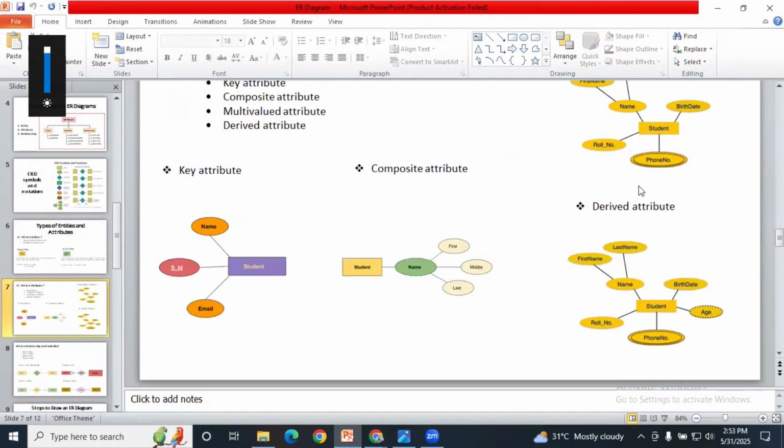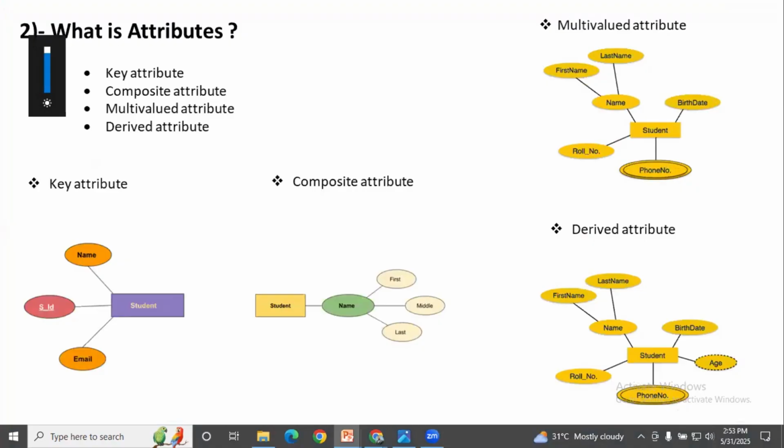The reason for that is, according to that scenario, they didn't mention the customer has more than one phone number. That's the reason we are using only phone number and we represent it with one oval shape. This is the simple attribute. Okay, we can say key attribute.